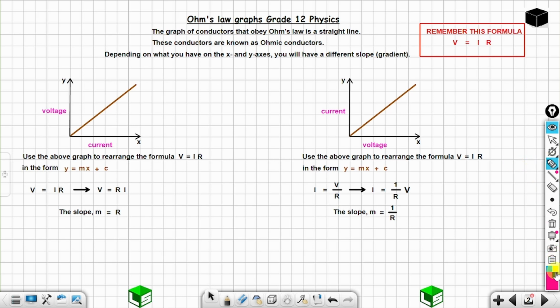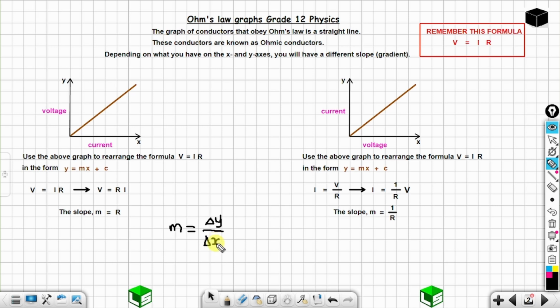Let me show you. Remember, the slope is equal to change in the y over the change in the x.